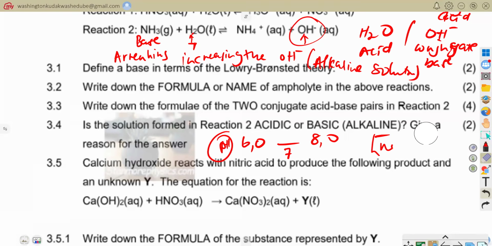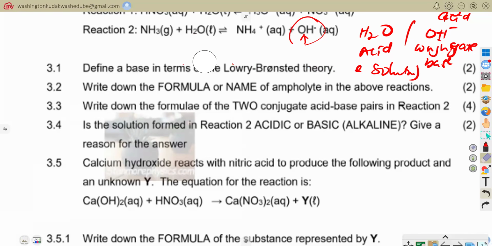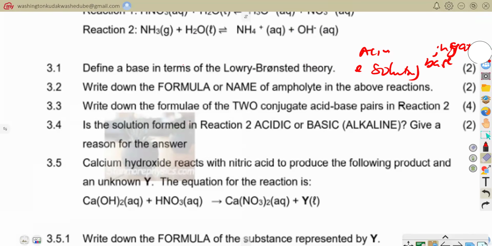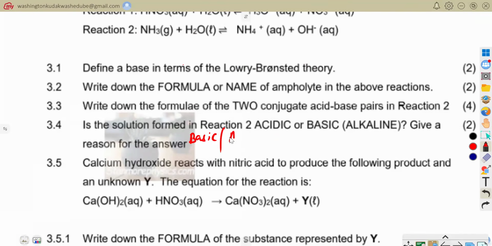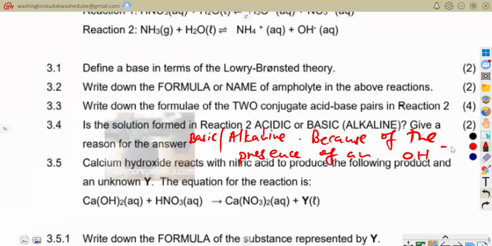And what would be your reason there? You would come and say basic or else alkaline, because of the presence of an OH minus.